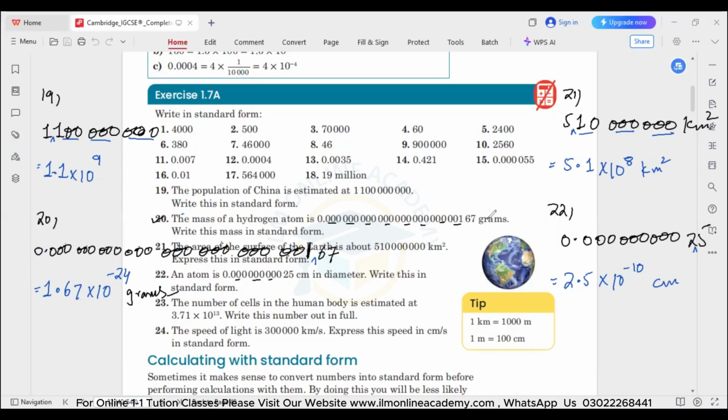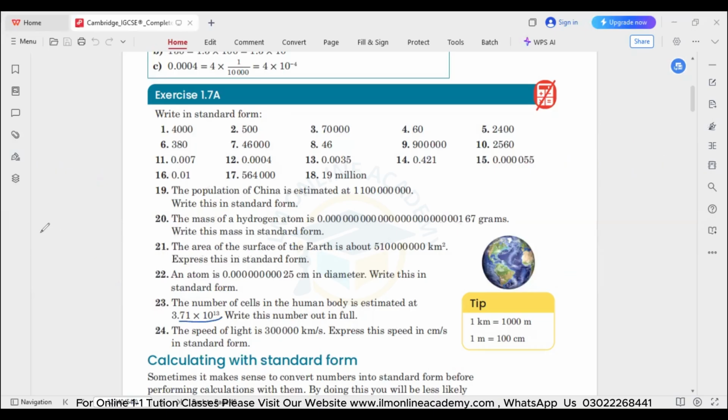Next, in the 23rd, they're saying the number of cells in a human body is estimated at this. This time they gave us the standard form already, and we need to write this in full form. Previously they gave full forms and we were writing them in standard form, but now they have given us a standard form and we will be converting it into a simple form. We have 3.71 times 10 raised to the power 13.